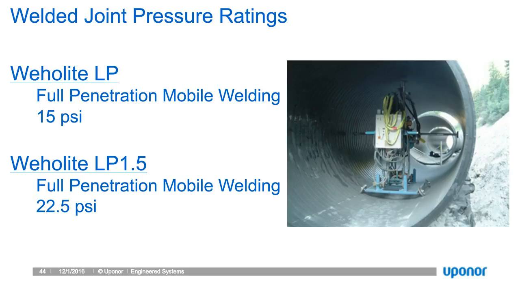We also have Wheelite LP 1.5 that in combination with our mobile welder can achieve a 22.5 psi. There are obvious costs associated with each one of these ratcheting up in pressure capabilities, and we would take a look at that with you when we work through a project to determine what the requirements are and what was necessary, and then develop a specification that met your requirements.